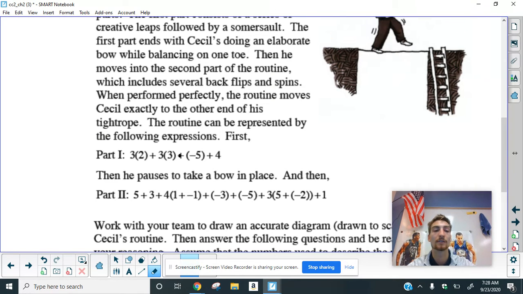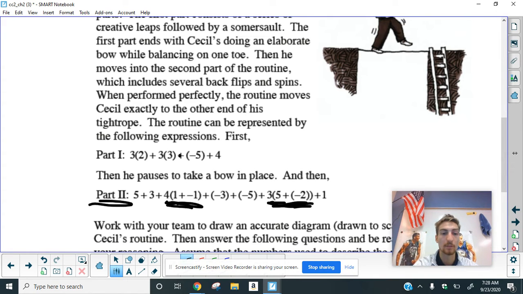So then he pauses after that first part, and then he takes a bow in place. Then part 2 comes in. All right, and here again we see 4 on the outside of 1 plus -1 in parentheses, and we see 3 on the outside of 5 plus -2 in parentheses. Okay, so here we have some more multiplication.